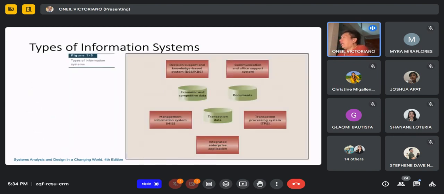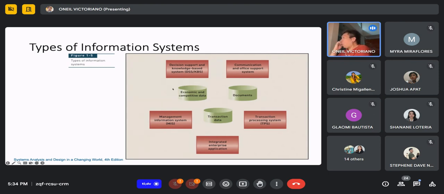So from the idea of different information systems, these different information systems would share different data. So you might have transaction data, and then documents, and then of course data or insights for economic and competitive data. And all of these are shared by all of the information systems.